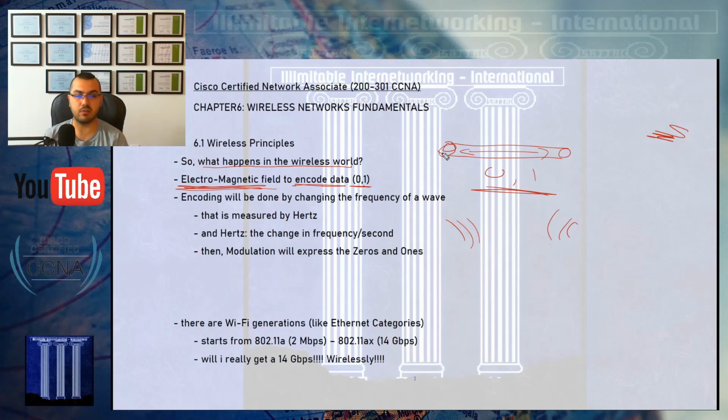And what's happening in that invisible thing, in the air that we are breathing, is the electromagnetic field that's being generated. From point A to point B, and we will talk in minutes about what exactly A and B are, some frequencies are sent.